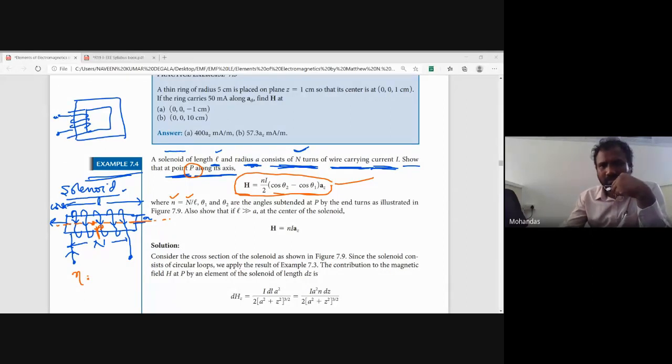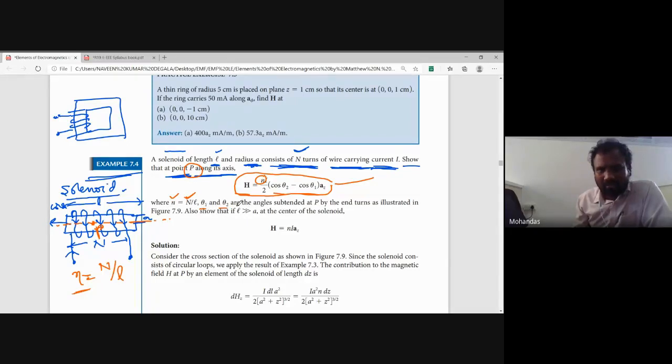Am I audible to everyone? Yes. So small n is equal to the total number of turns per unit length, where small n is capital N by L, and capital N is the total number of turns of the solenoid.